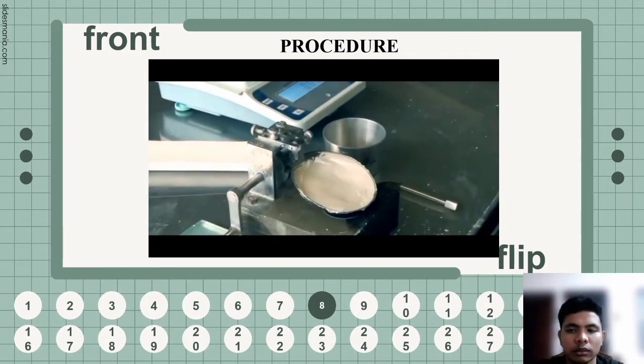You have to check to see that the underside of the bowl and the top of the rubber block of the Casagrande device are free of water and soil.